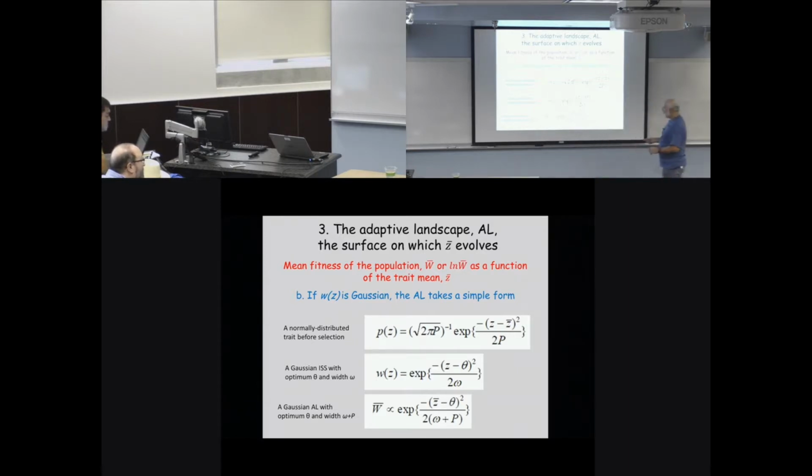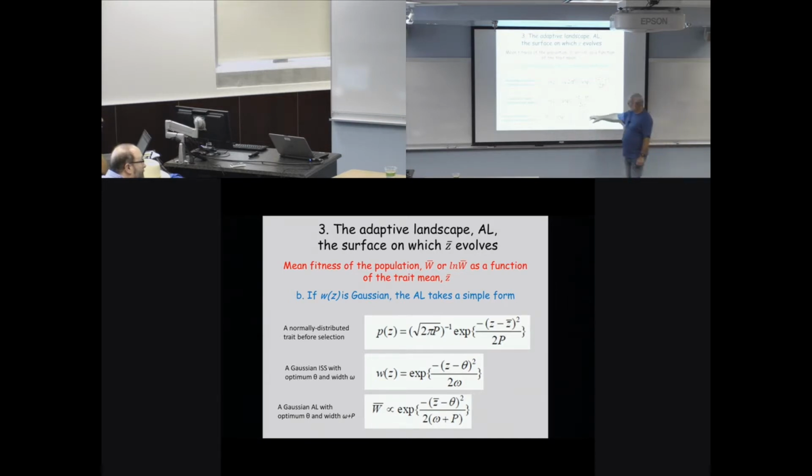It's too bad I didn't do this first. Then the equation for the selection surface, the ISS, is this simple form. And if we think about the adaptive landscape implied by that individual selection surface, doing that weighting over the trait distribution, which we're assuming is normal before selection, then you get this simple form telling us what the function is for the adaptive landscape, and we can draw the whole thing from that function.